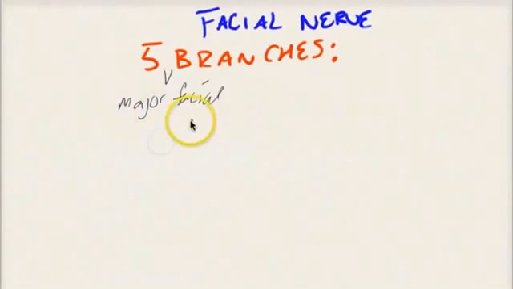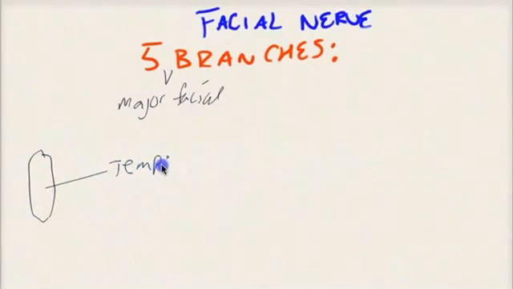Now we have also 5 major facial branches that go to specific areas of the face. And if we were to look at the 5 branches as they come out of the parotid gland from top to bottom, we have the temporal branch of the facial nerve.